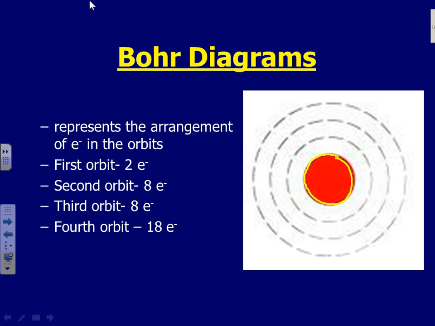We're never going to get to the fourth orbit. And that's a little misleading. No, we'll leave the 18. There is 18, but we don't ever draw Bohr diagrams for that fourth level. So yes, I do want you to write it down, and then I'll show you what I'm going to get you to draw here.